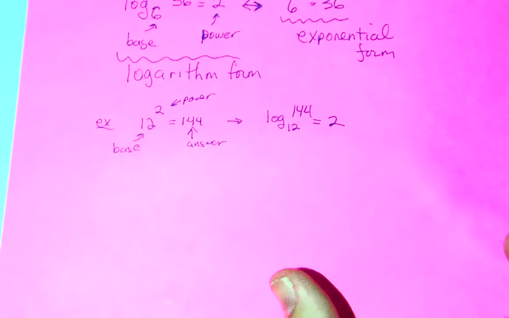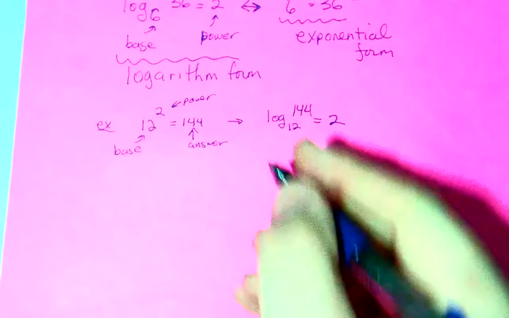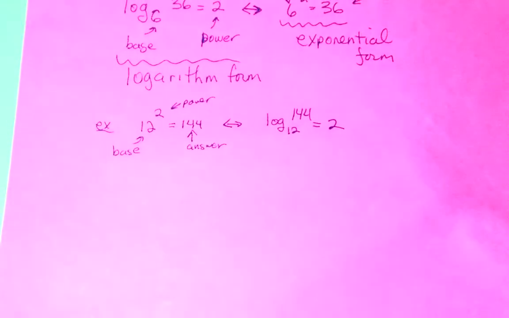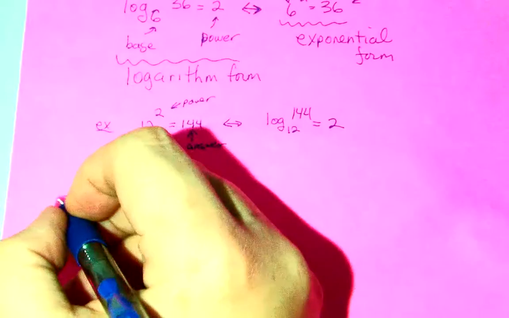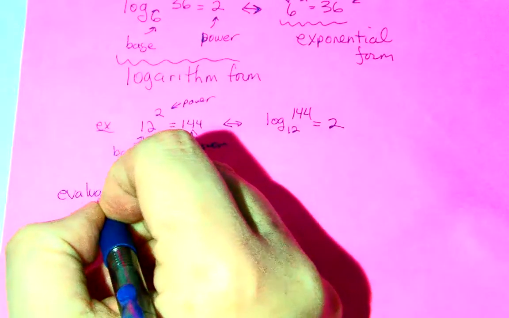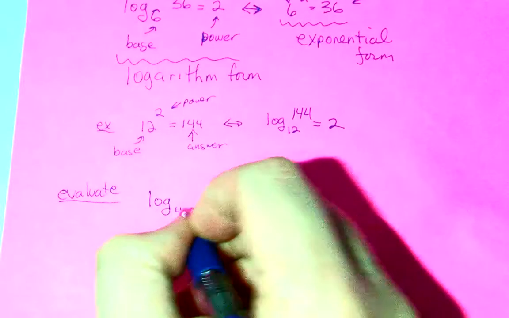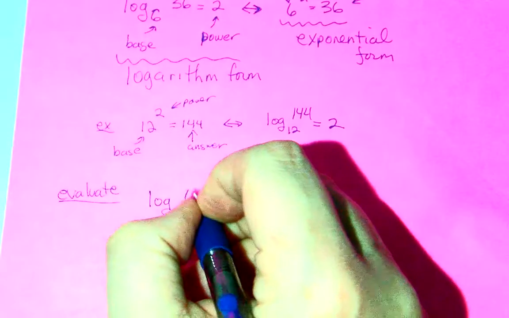Now, like I said, you have to be able to convert between these and deal with all the different situations that come from that. Let's see some good ones here. You can evaluate, for example, log base 4 of 64.